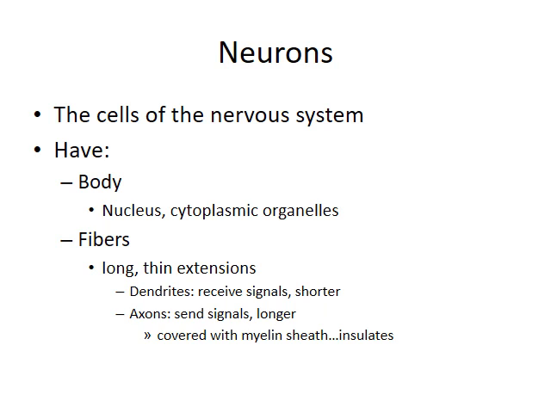The dendrites generally receive signals. They are shorter than the axons, which tend to send the signals and are longer. Often the axons are covered with a myelin sheath that insulates the electrical impulses that travel down, protects them from other axons and things like that.